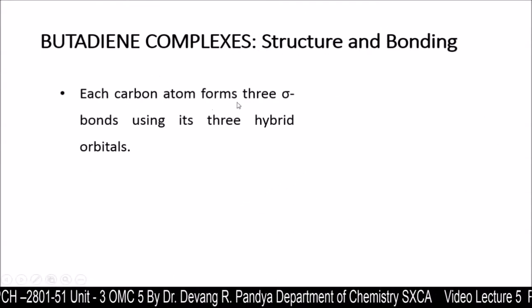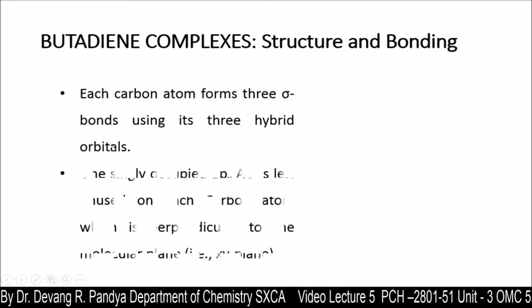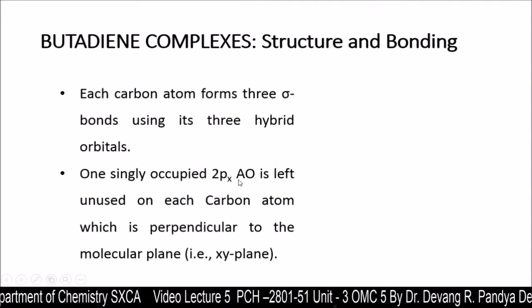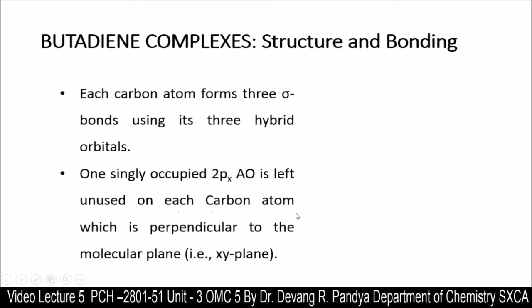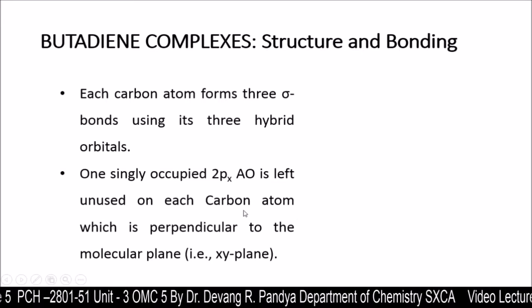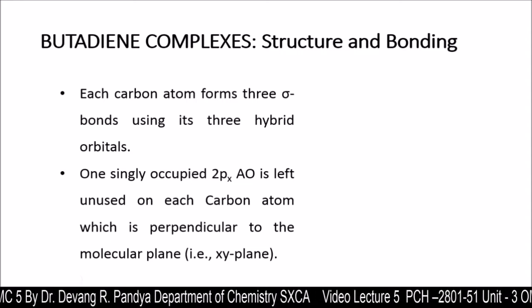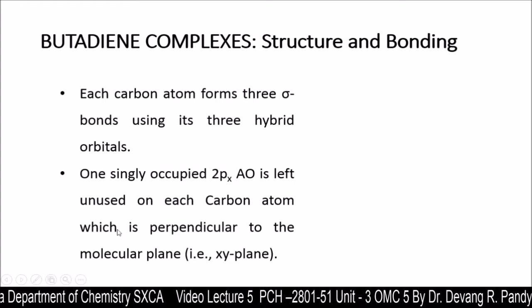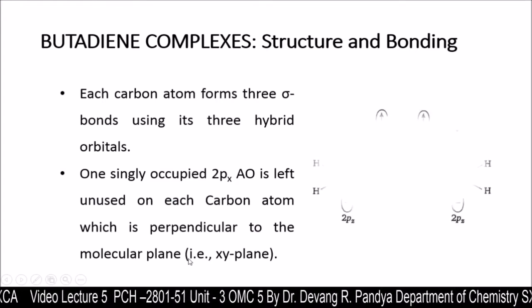Each carbon atom forms 3 sigma bonds using 3 hybrid orbitals, as seen in the earlier slide. One singly occupied 2p atomic orbital is left unused on each carbon, as discussed for the allyl group in organometallic part four, and it is perpendicular to the molecular plane, that is the xy plane.